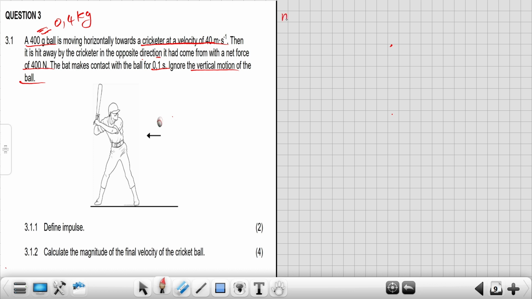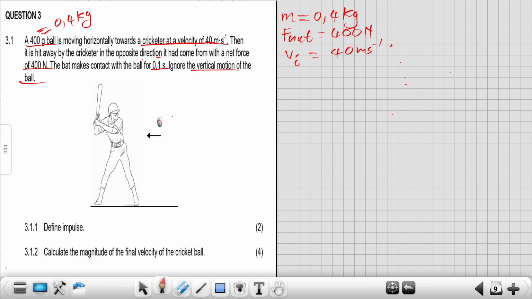I will have my m, which is 0.4 kg, my F net, which is 400 newton, and my v initial, which is 40 meters per second.